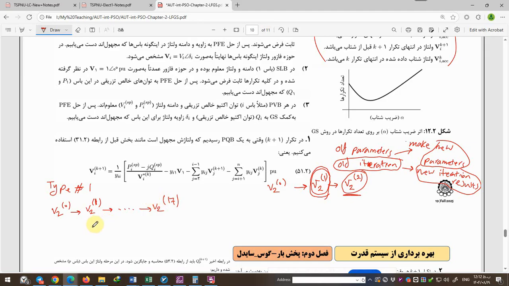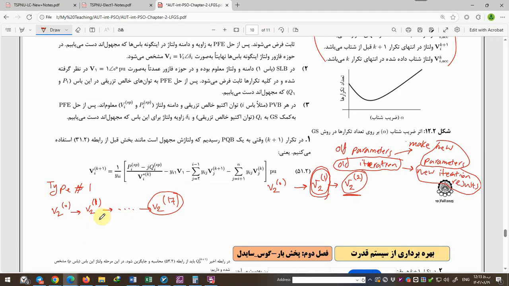If I change the old parameters or the last iteration, we can get V2 as a final amount in fewer iterations.